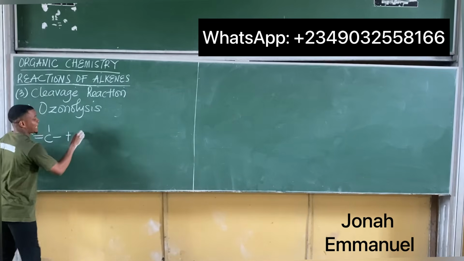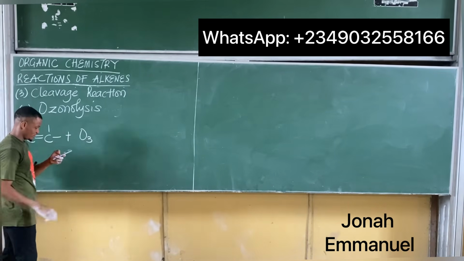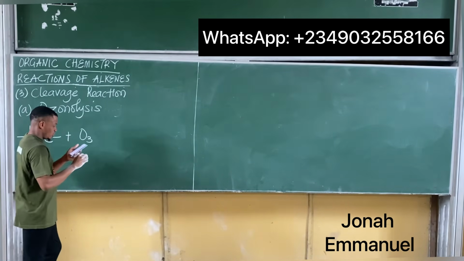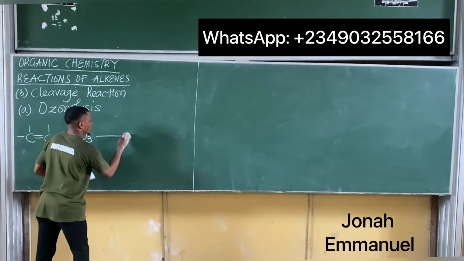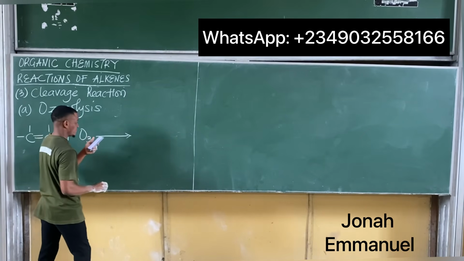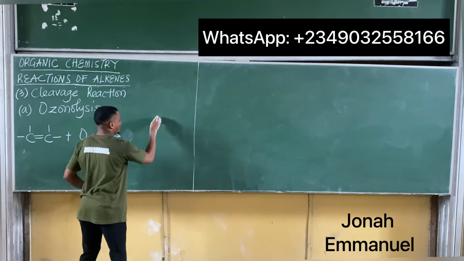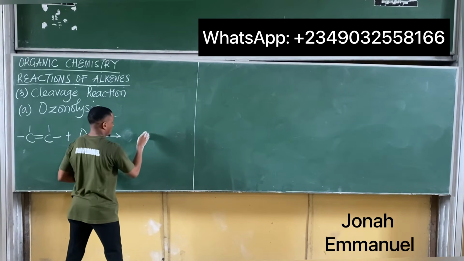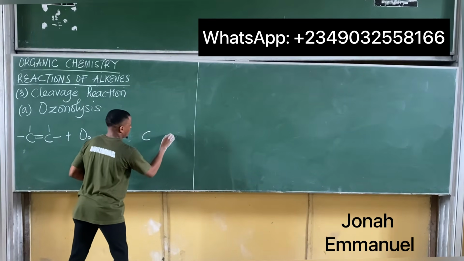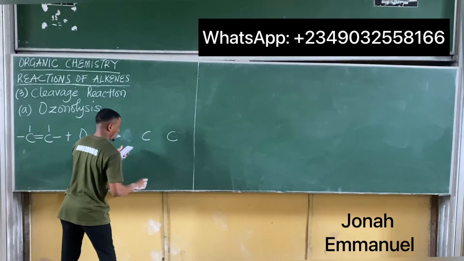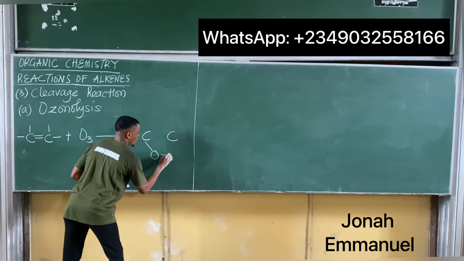All right, this alkene plus O3, ozone, gives you ozonide. Please look at something below. See how ozonide looks like. Ozonide is this.